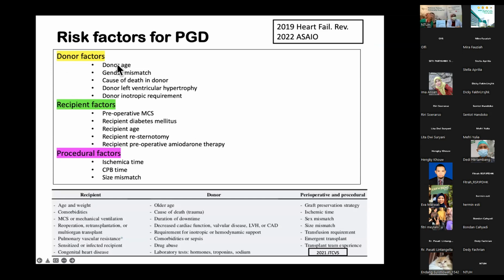And the gender mismatch, but you cannot choose. And the cause of death, actually, you cannot choose. If the patient has a CVA and is 60 years old, I just take. And the patient may have coronary disease, you may take. And the patient with an inotropic requirement, it usually happens.